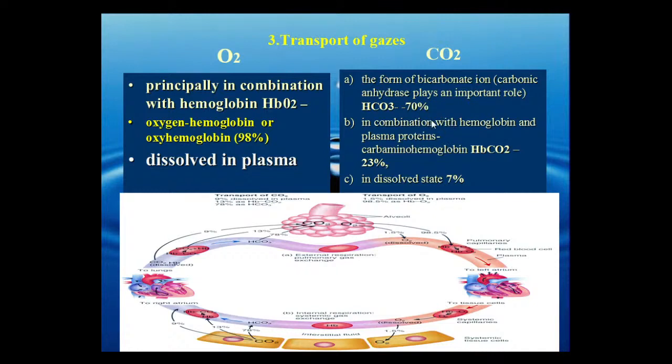Besides this, carbon dioxide can be transported in combination with hemoglobin and plasma proteins. It's carbaminohemoglobin or hemoglobin carbon dioxide, which is approximately 23%, and approximately 7% of carbon dioxide can be transported in dissolved state.